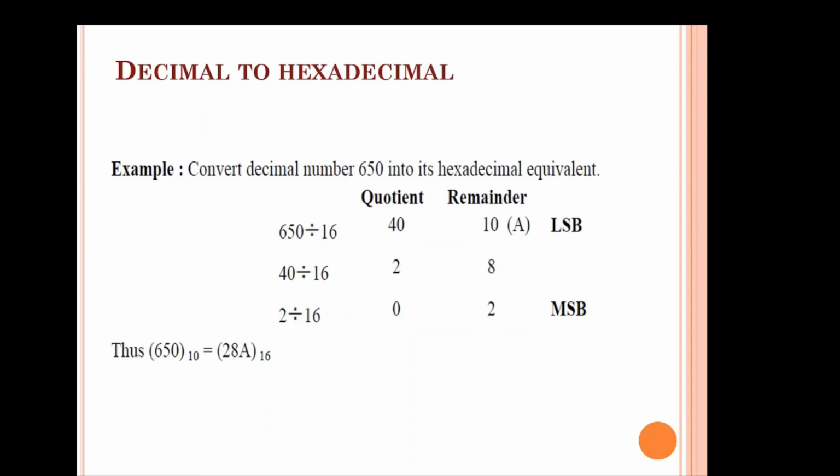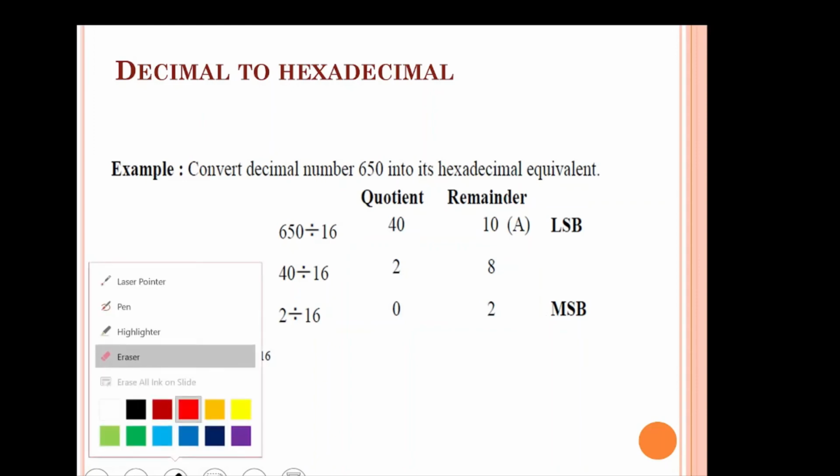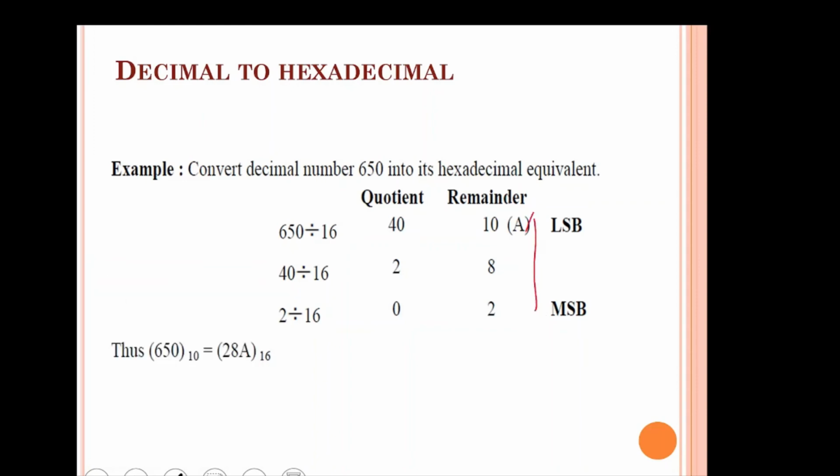And then after that you have to note down these remainders in the opposite sequence. You have to note it down in the opposite sequence like this. This is your MSB and this is the LSB. 28A, because 10 is represented as A in the hexadecimal number system.